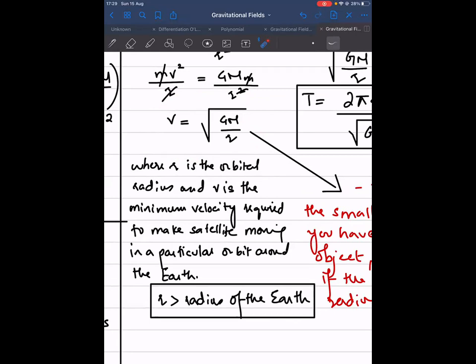Initially I told you that it depends on the mass, but now, as you see the formula, this velocity to move in a circular orbit around any planet is actually independent of the mass of the object moving in that circular orbit. It depends on the mass of the planet around which you are moving, but not on the mass of the object that is moving. It's again very much something non-intuitive. Okay?